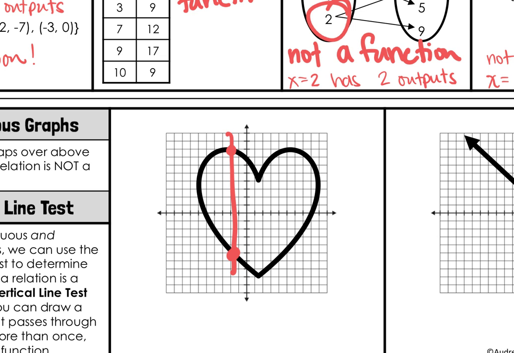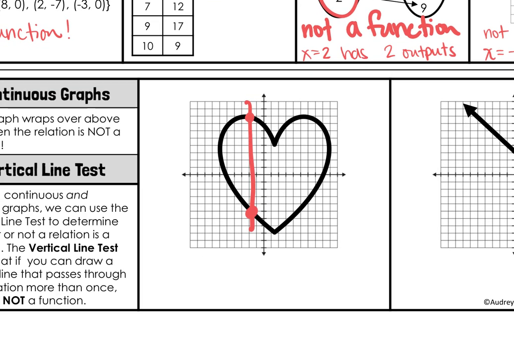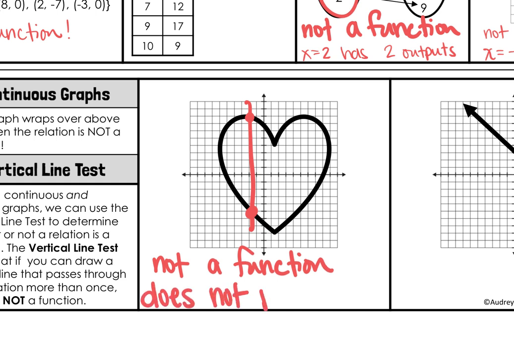So that means that that x value has 2 different y's, which now makes this heart also not a function. And I'm just going to write that it does not pass, and I'm going to abbreviate the vertical line test. So when your graph is continuous like that, you can easily use this vertical line test.